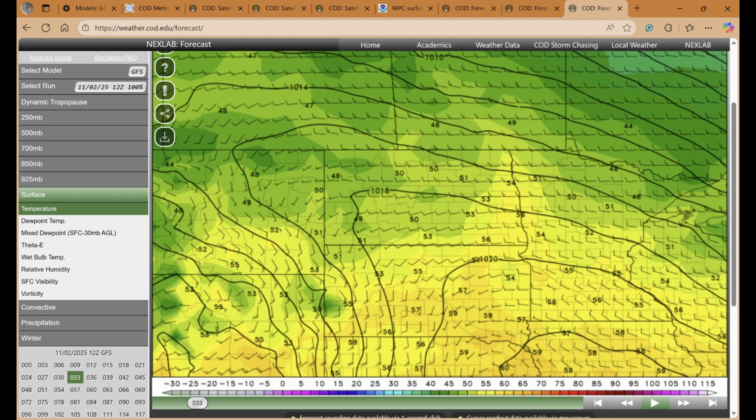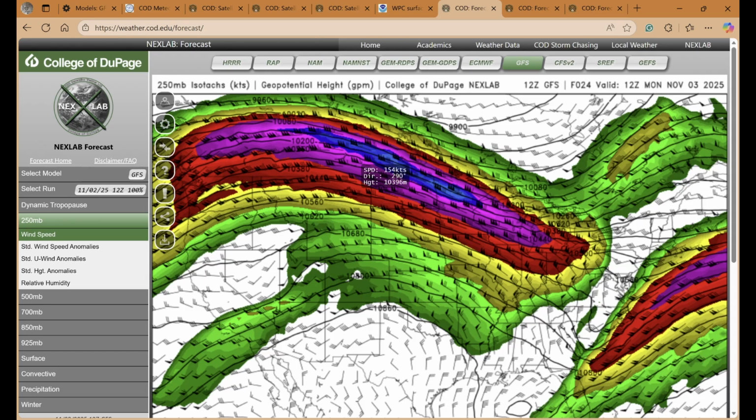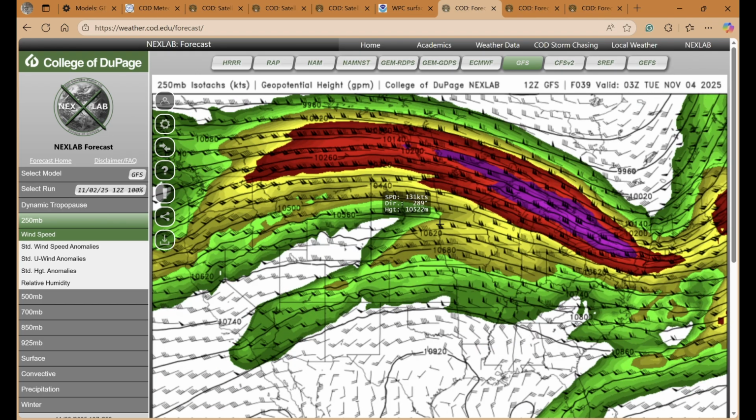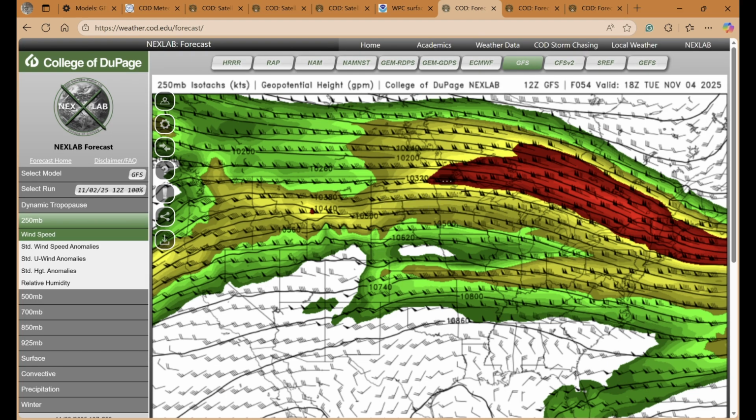Then we can switch over to Tuesday, and again, we always start from our upper level charts because that's going to tell us what's going to happen at the surface. So here's moving into Tuesday, and yeah, this is difficult to suss out. I'm going to do my best anyways.